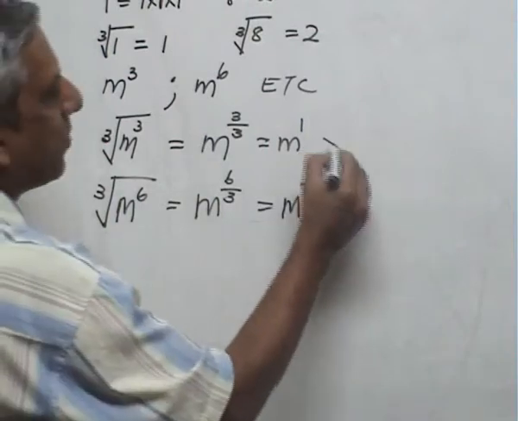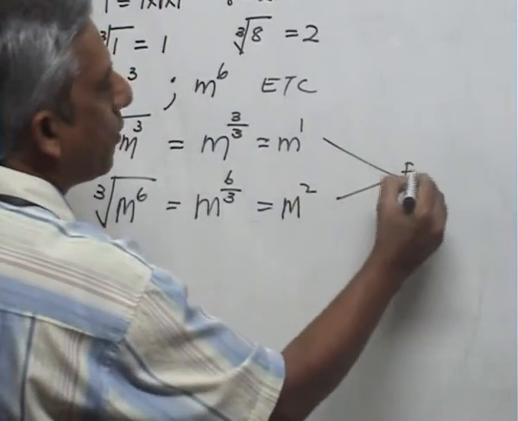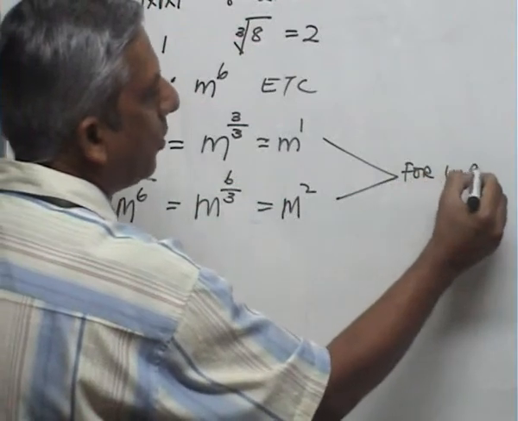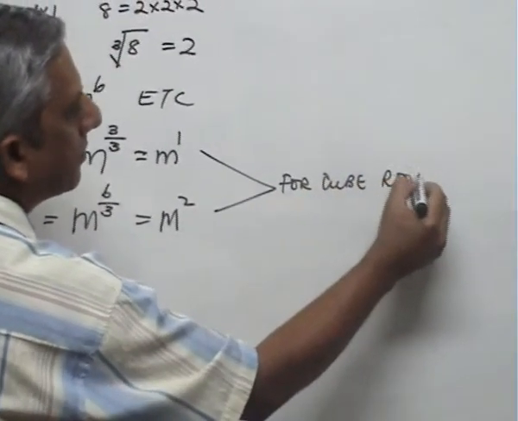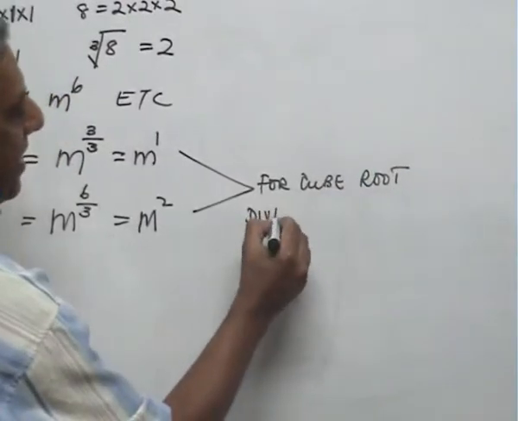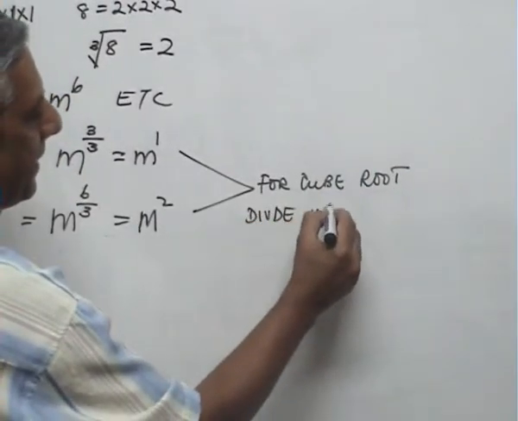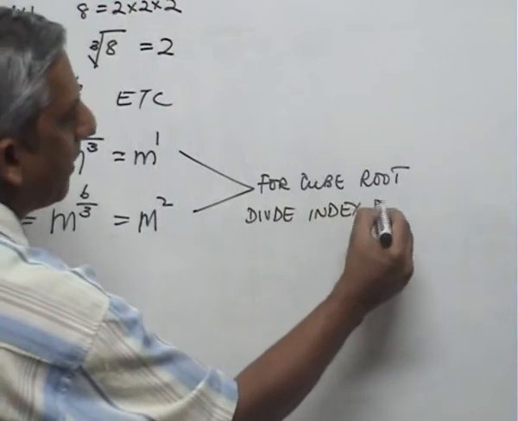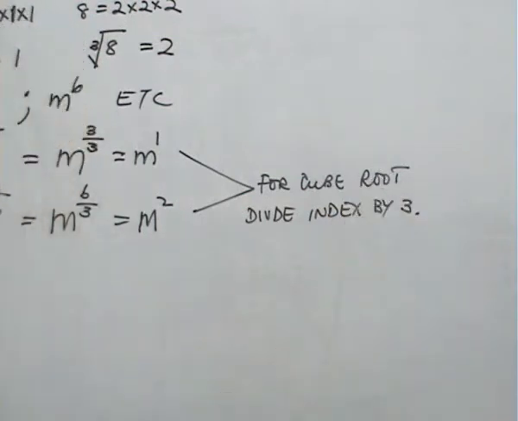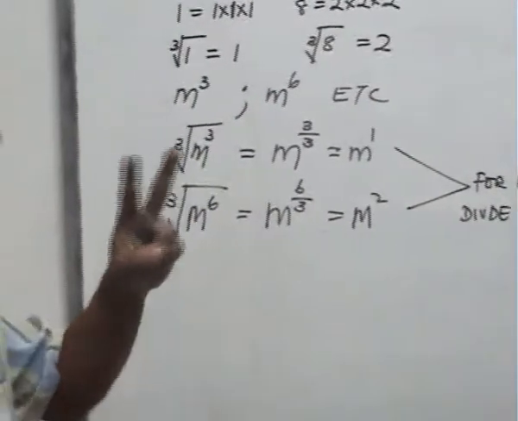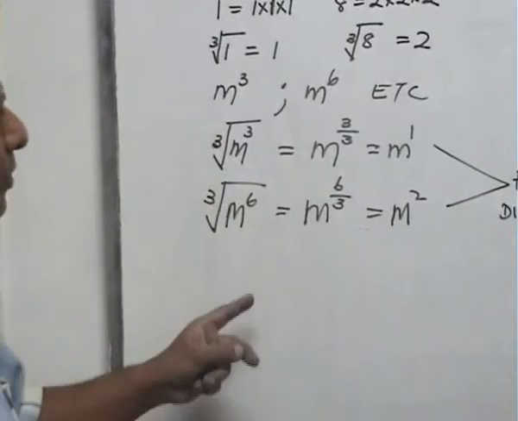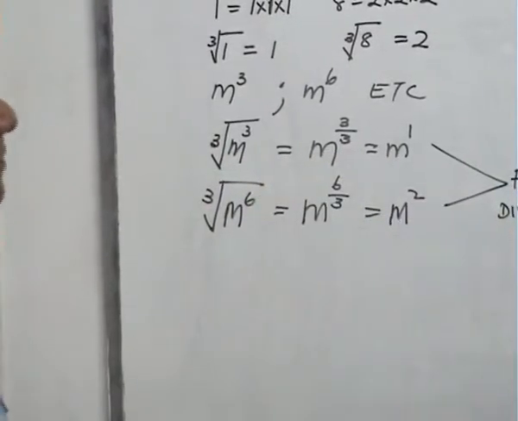So in other words, what we're saying is for cube root, divide the index by 3. If you remember, when we were doing squares, for square roots of powers, we said divide by 2. For cube root, divide by 3.